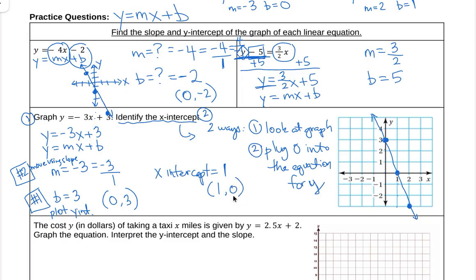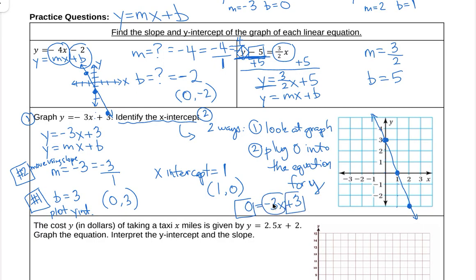Then I would say, okay, well, what if I wanted to plug 0 into the equation? Well, the equation is y equals -3x plus 3, and I'm going to put the 0 right here for y. So I'm going to say 0 equals -3x plus 3. Well, if I want to solve this, let me go on ahead and bubble and box my stuff.